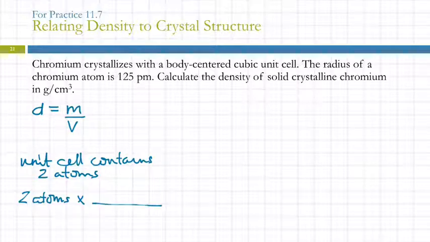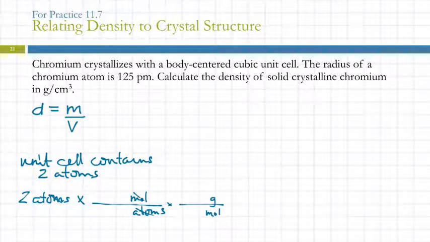And we need to get this into moles. So we'll multiply by moles, divide by atoms, and then we can use the molar mass, grams per mole. So we find chromium on the periodic table. Where'd you go? There it is, 51.996 grams per mole.